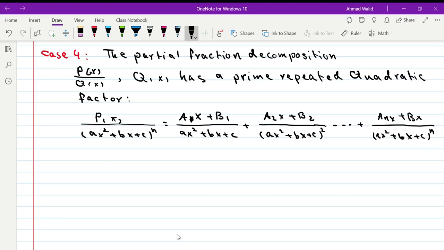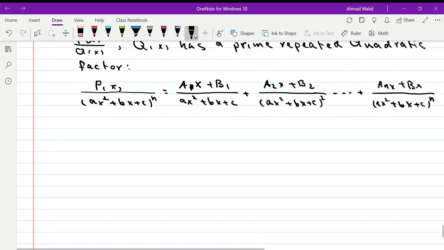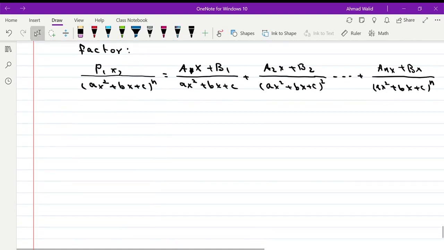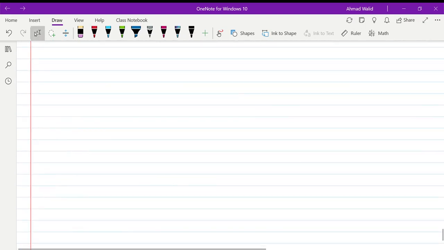The only difference is how to set, right? After that, it's easy, the same. You follow the same steps like case 1, case 2, and case 3 to write our partial fractions. Now, I'll do an example. In the previous lecture, I just went halfway for you, left it for you to finish.